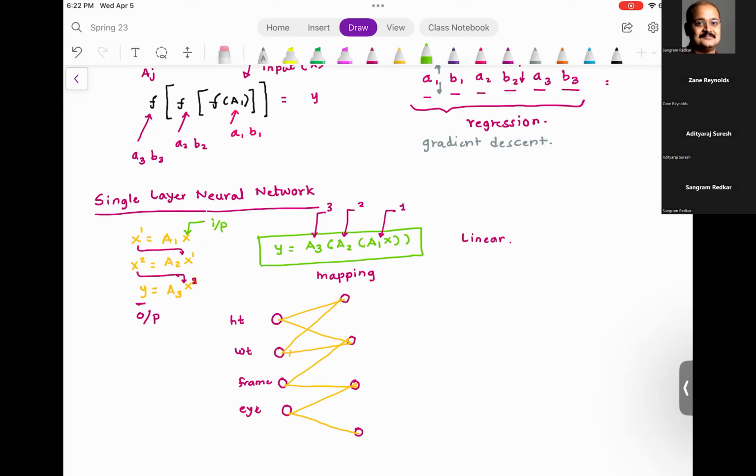Then you will have the next layer, and then there will be some configuration, something like this.